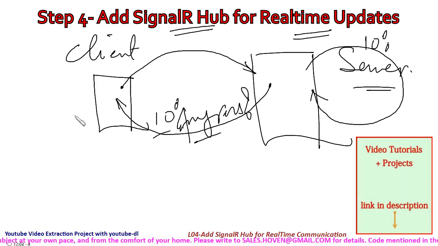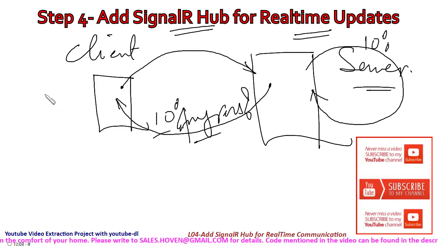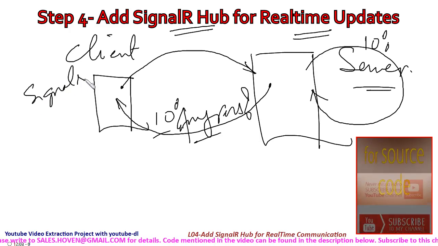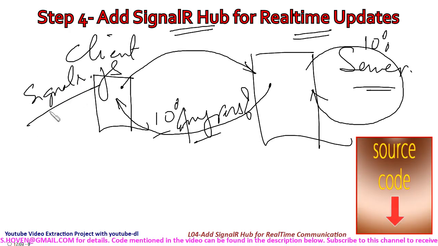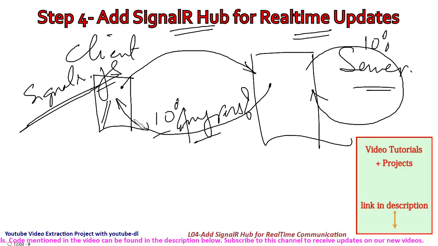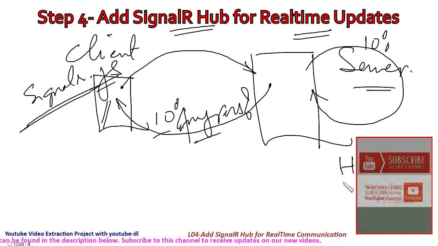For real-time communication, ASP.NET Core provides us two things. First of all, it provides us a SignalR.JavaScript file. This JavaScript file handles the client side, and on the server side, it provides us a class called Hub.